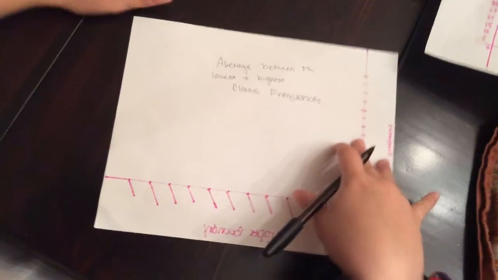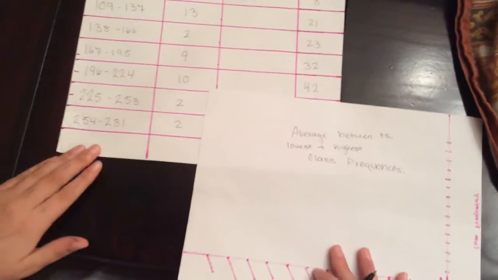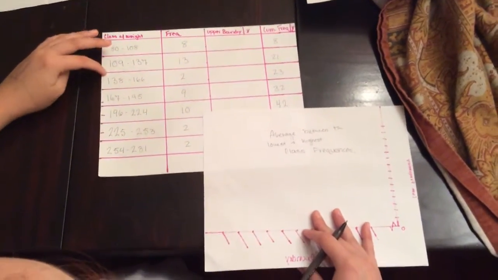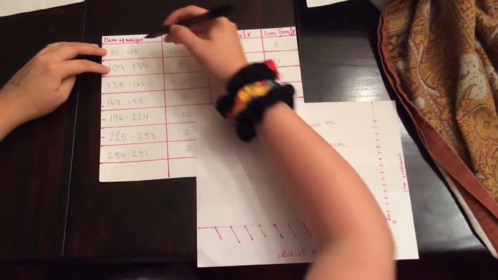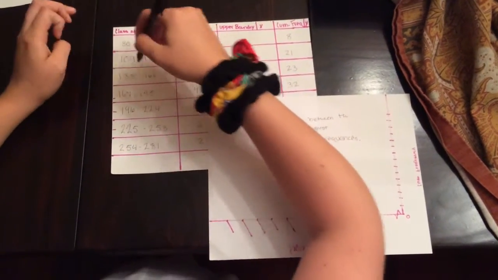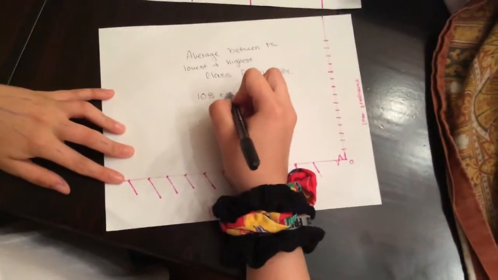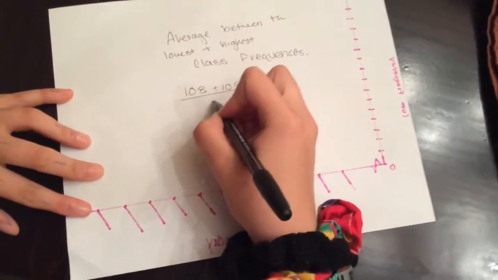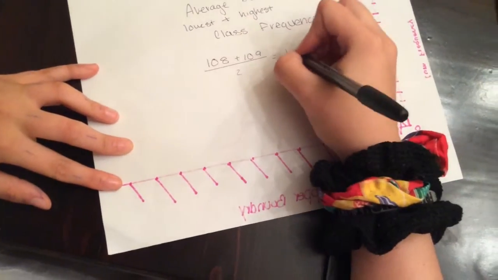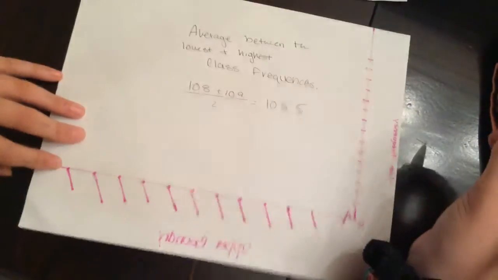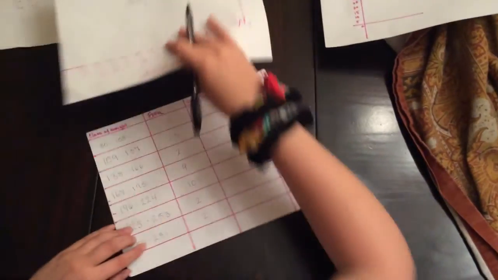So, for example, on your chart right here, we're going to start with 108 and 109 because this one is the highest and this one's the lowest. So basically you're just going to average them. It's going to be 108 plus 109 divided by 2 equals 108.5. And you're going to do this for the next one, the next one, the next one, and you're going to see that there's a pattern.